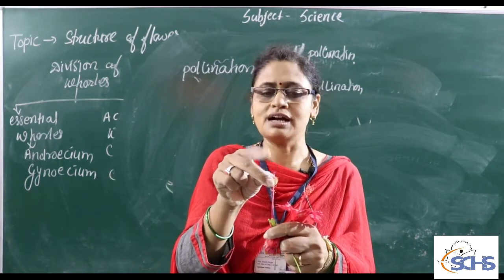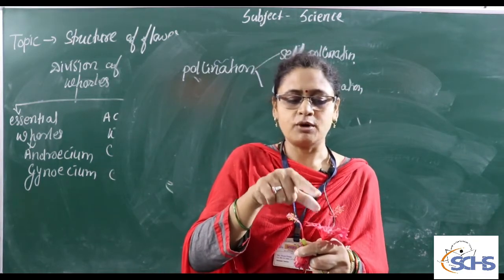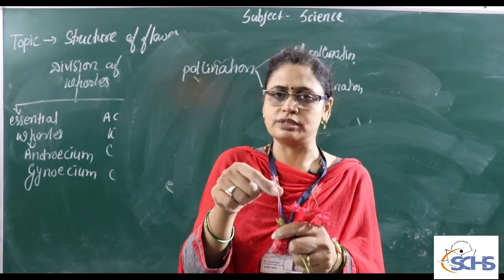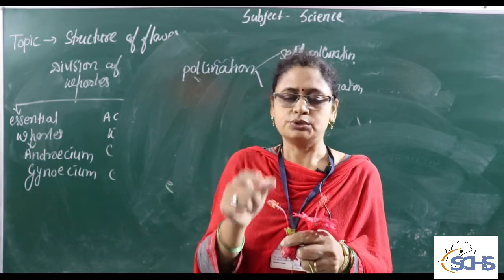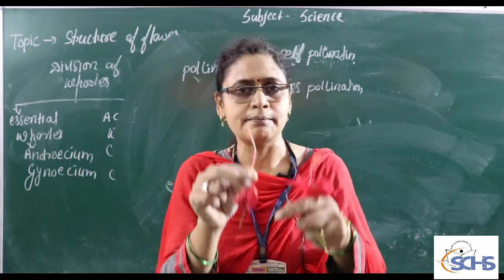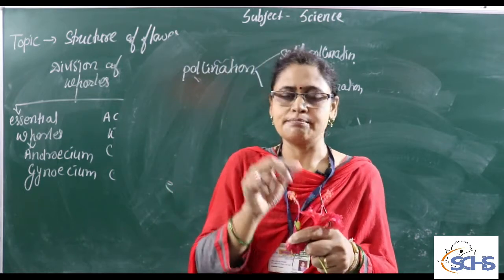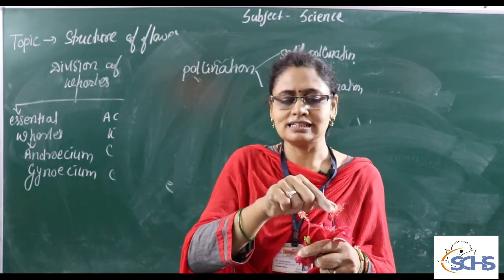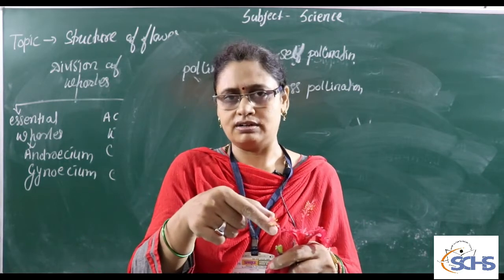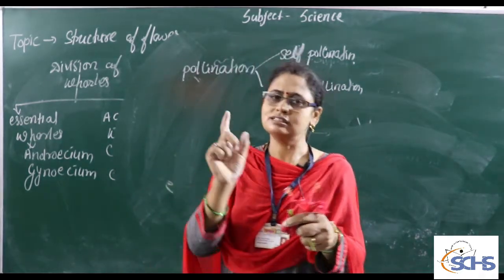When the pollen grain is transferred from anther to stigma, that process is known as pollination. So in self pollination, both flowers are born on the same plant. As they mature, the pollen is transferred to the same stigma or maybe to another flower, but both are present on the same plant.